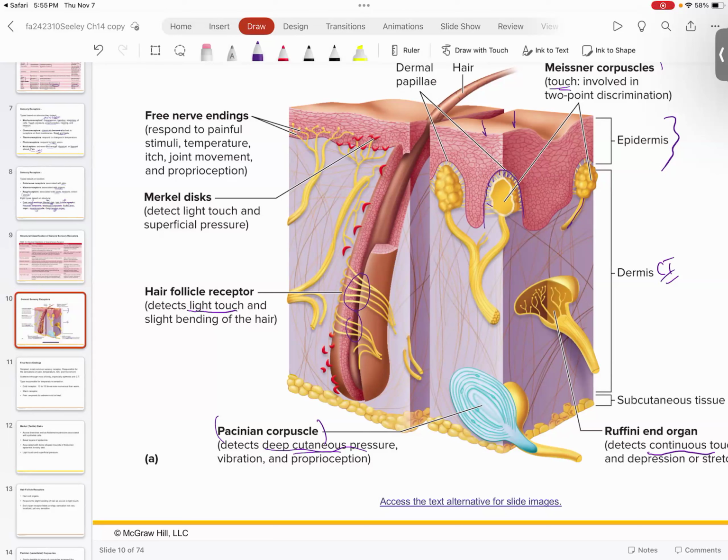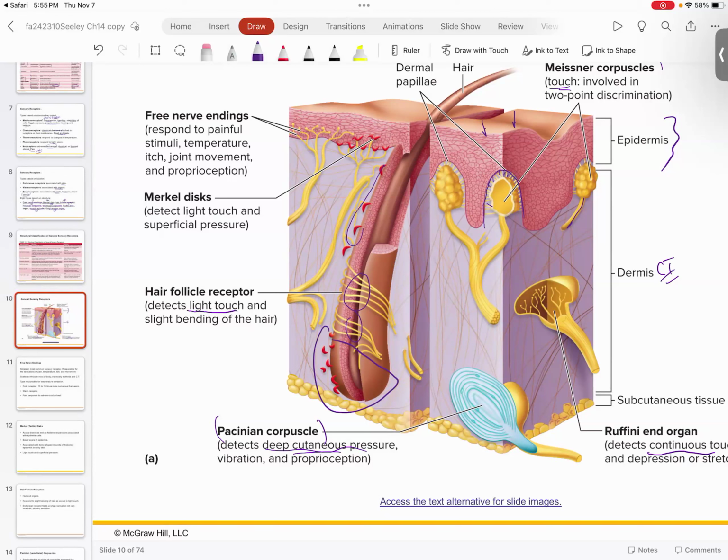Now, the Merkel discs are going to be up further, locally, kind of throughout. There's going to be a good population of them in the epidermis, and you can see them spread out as well along the hair shaft and the hair root, which is down here. Touch detectors and very superficial pressure.